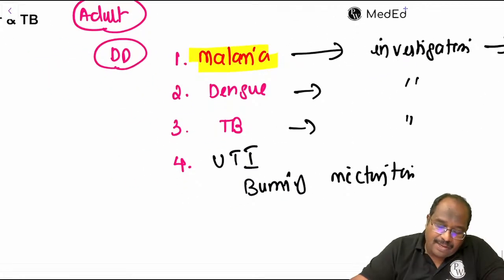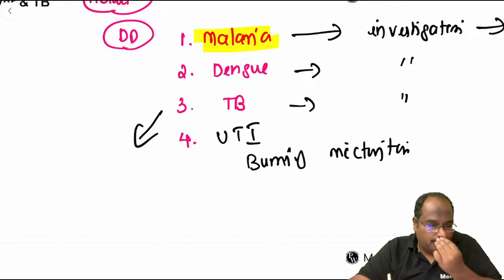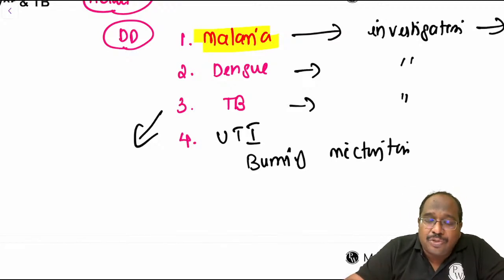If it's a case of TB, I will do sputum smear examination and chest x-ray. Then based on that, I will start the treatment for TB. So you have to know the theory of TB, malaria and dengue. At least you should know what investigation you would like to do and what the treatment is.